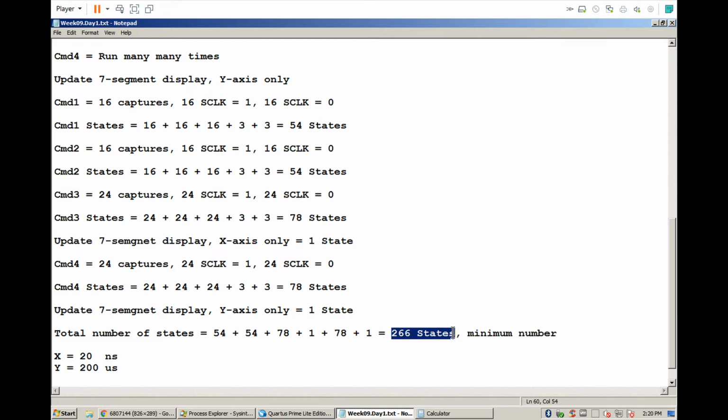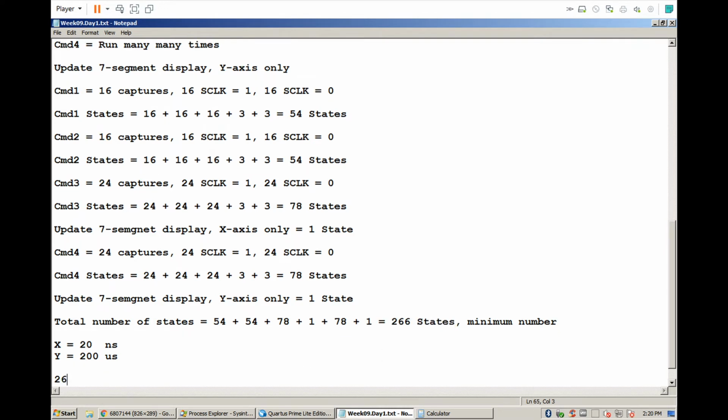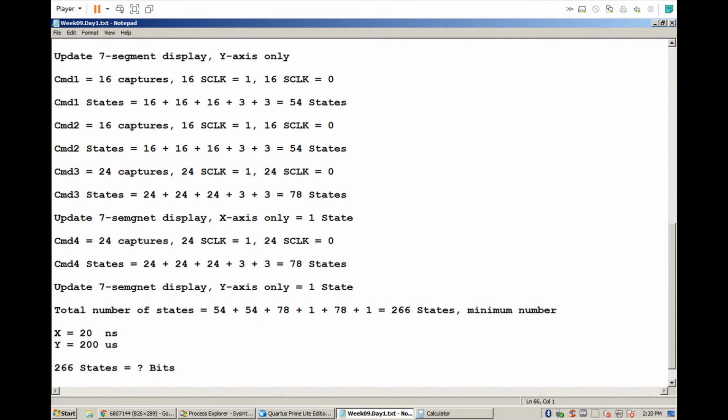For 266 states, how many bits do you need? Because when we put down the states, you need to put down how many bits. Okay, so let's do the math.